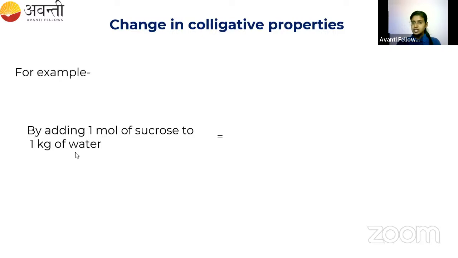In the second case, I'm going to add 1 mole of urea to 1 kilogram of water. What do you guys think about this? Do you think the property will be the same? Let me take vapor pressure as one of the properties. Do you think the vapor pressure of water will remain the same or will it differ?